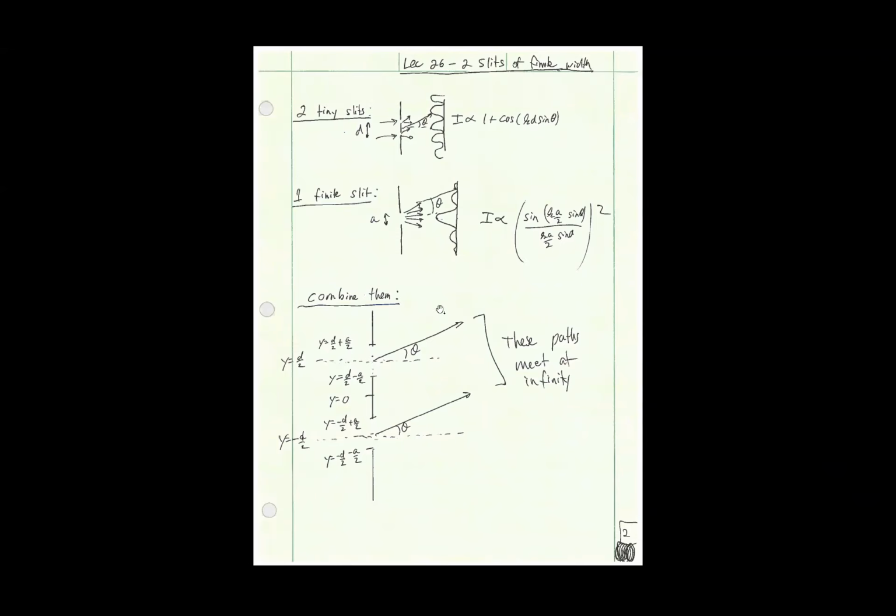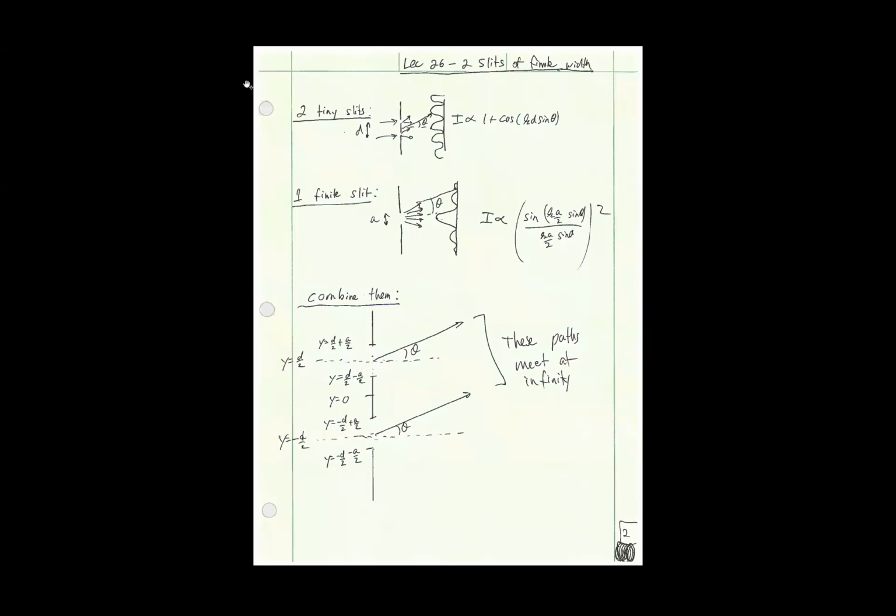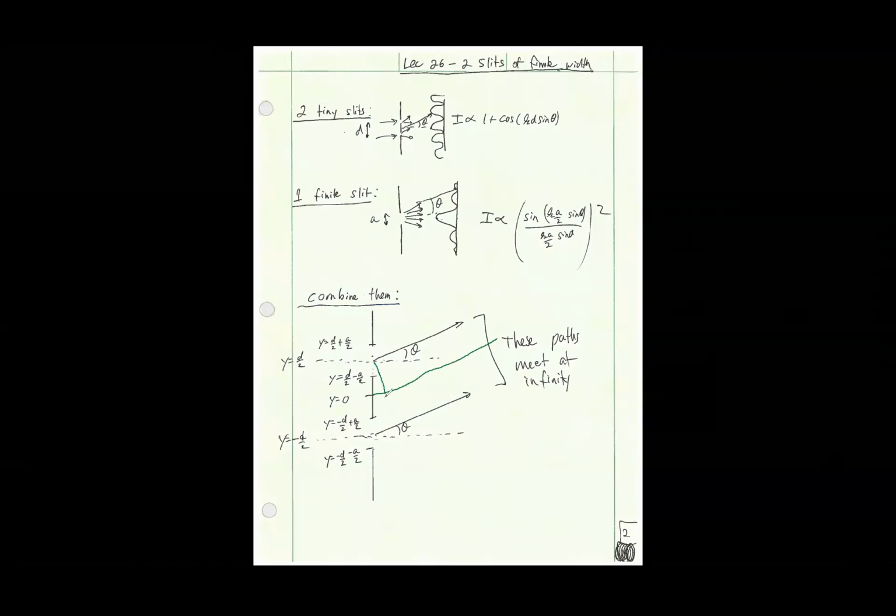All right? And of course, if we were to take a reference path from the center and say that the center is at y equals 0, then the phase lag between, let me get my annotation tool if I can, the phase lag between this path and say this path would be this down here, which is y sine theta.